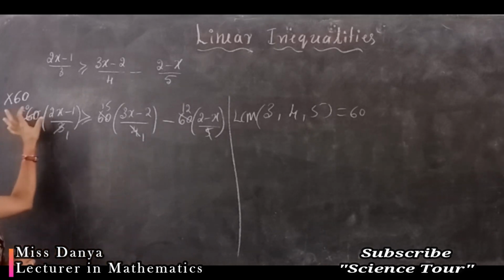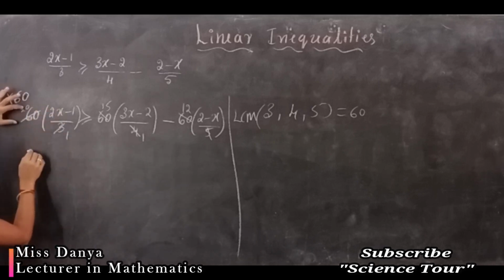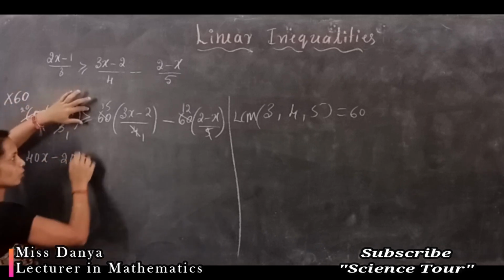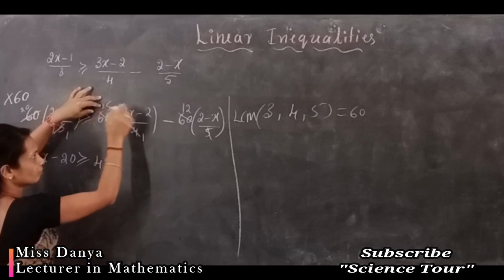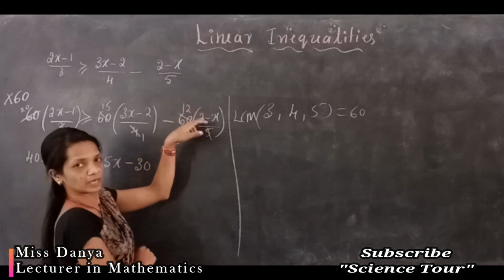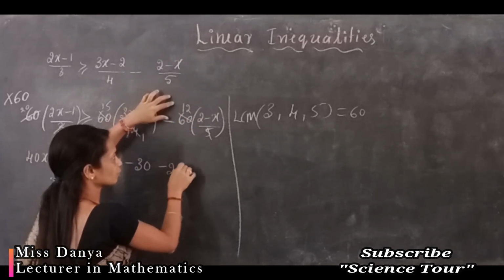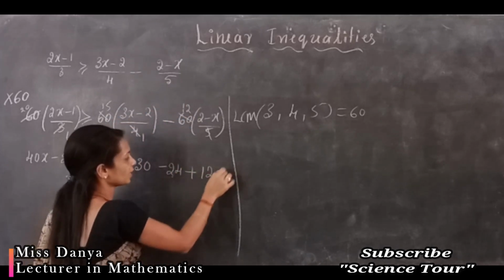And now the number outside you have to multiply inside the bracket. 20 into 2x is 40x, 20 into minus 1 is minus 20, greater than or equal to 15 into 3x is 45x, 15 into minus 2 is minus 30, minus 12 you have to multiply inside, so minus 12 into 2 is minus 24, minus 12 into plus x is plus 12x.